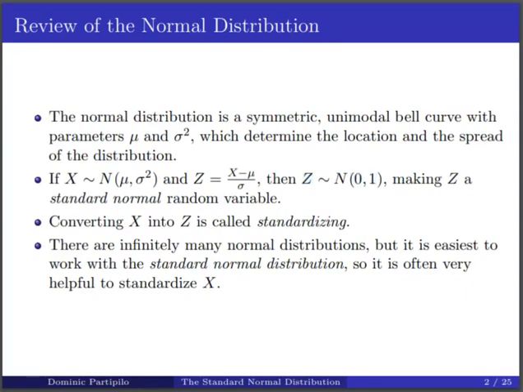What that means is that z is a standard normal random variable. We talked about how standardizing puts everything on the same scale, but another nice perk of standardizing is that it's really easy to work with the standard normal distribution. And we'll see how we can do that in a little while.